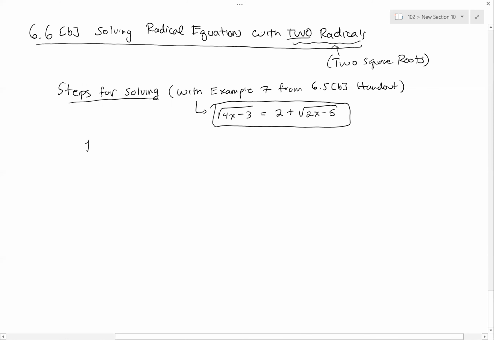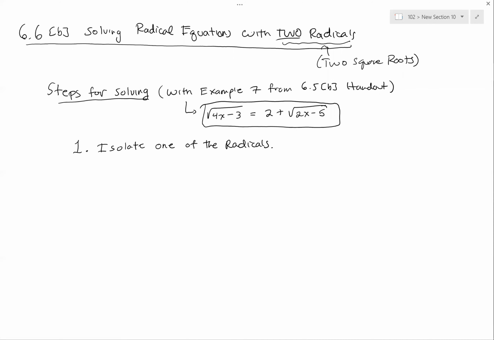So the first step is we want to isolate, if it's not already done for us, one of the radicals. In this case, we are already in that situation.